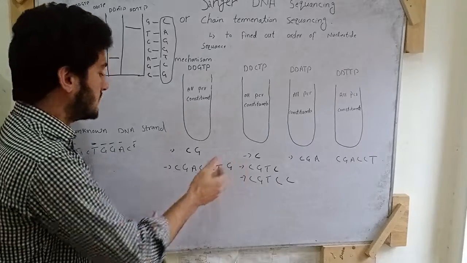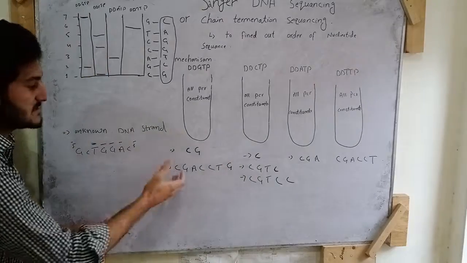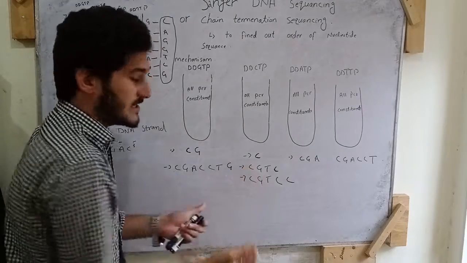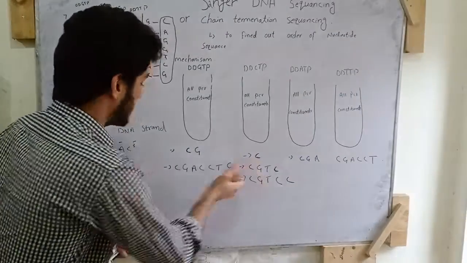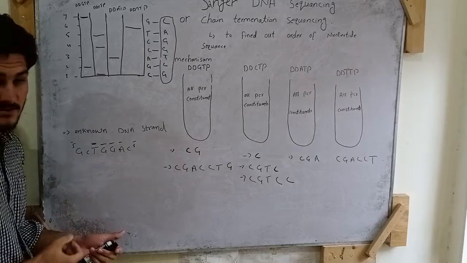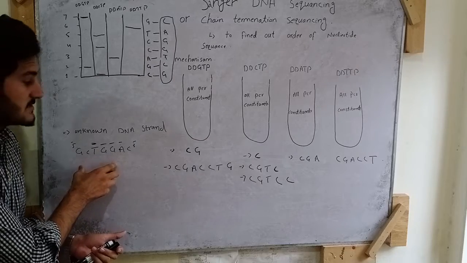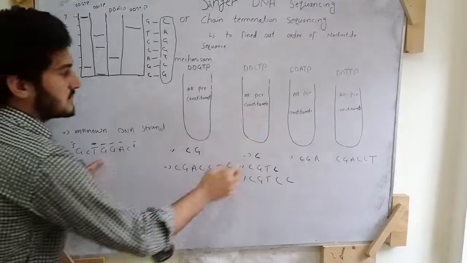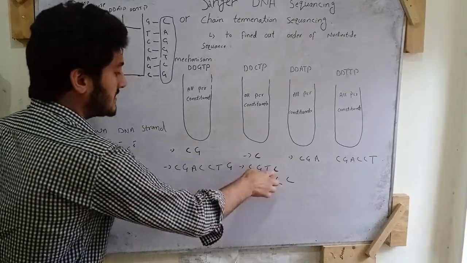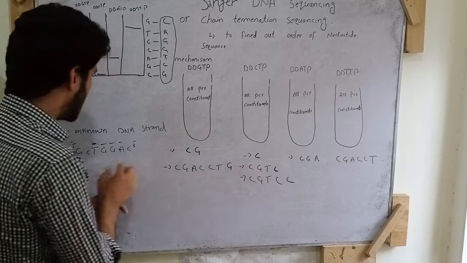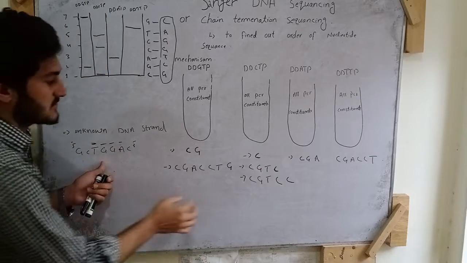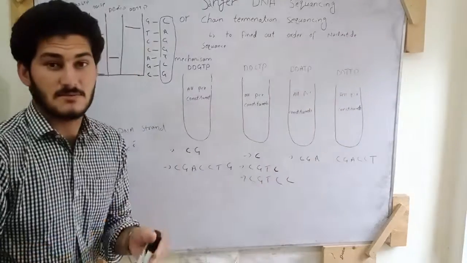Now the second one: G is also present in this unknown sequence. Here DNA polymerase adds the complementary nucleotide to this unknown sequence, and when the G position comes, the modified nucleotide attaches to its complement, so the chain is terminated.